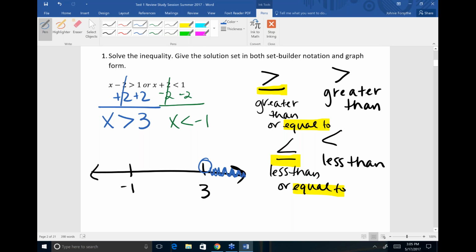Now, x is less than negative 1. We're going to use an open circle for that, and we're going to shade less than negative 1. Now, since it is an OR inequality, we want all the possible solutions. We don't have to have the intersection. So the actual solution would be everything that you see shaded here. That would be the graph form.